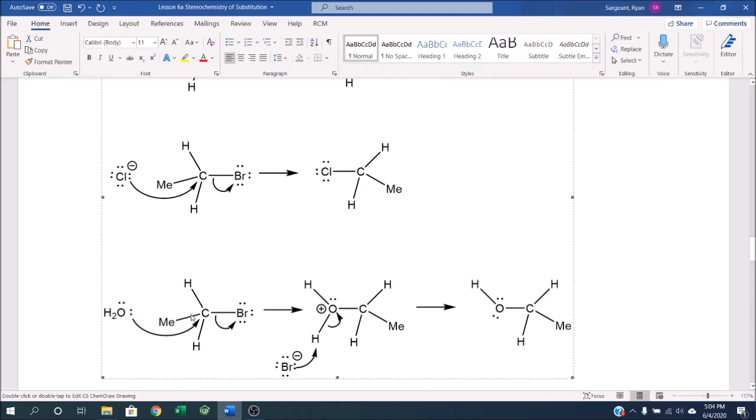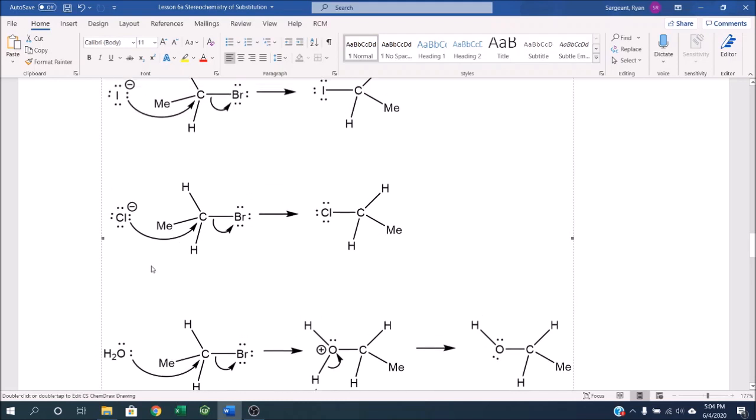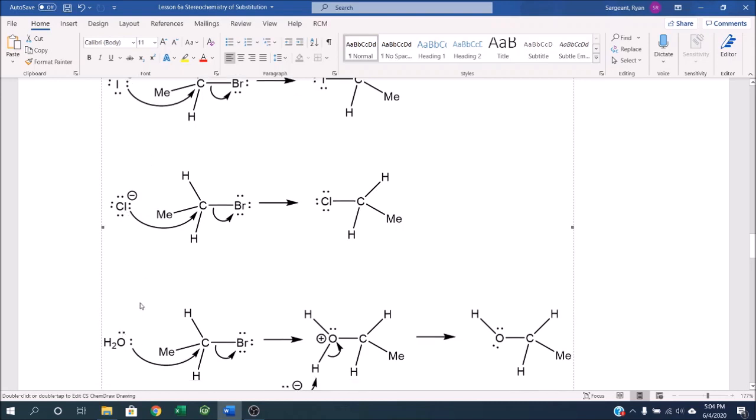And of the two criteria, water does not have a negative charge. So it doesn't have as much negative charge to throw around, and it's more electronegative than the chloride ion. So it's going to throw those electrons in more slowly. So it actually loses in terms of both of the criteria. So of these three, the iodide is the fastest, the chloride is the second fastest, and the water is the third fastest.